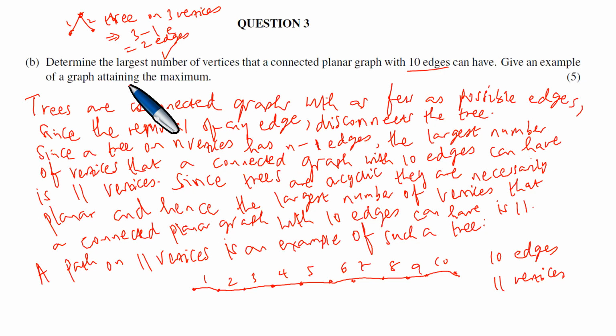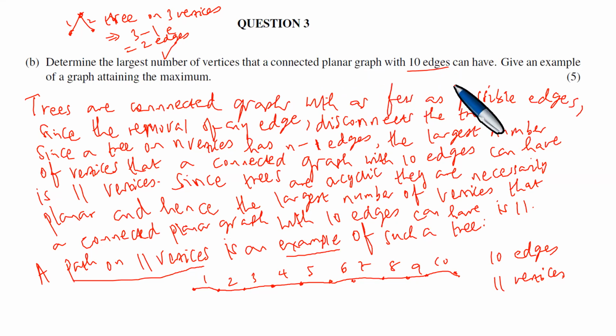We have 10 edges and 11 vertices. We've given the example of such a graph, which is a path on 11 vertices, and we determined the largest number of vertices that a connected planar graph with 10 edges can have.